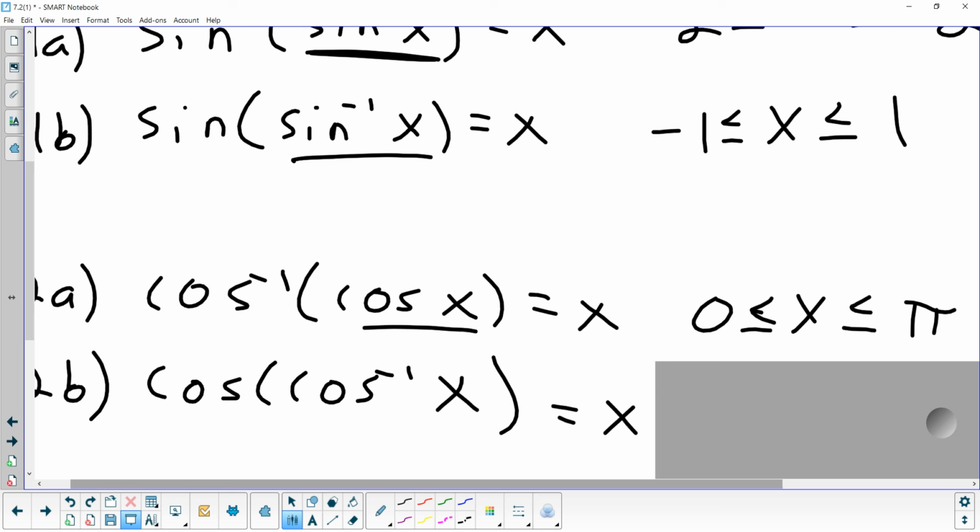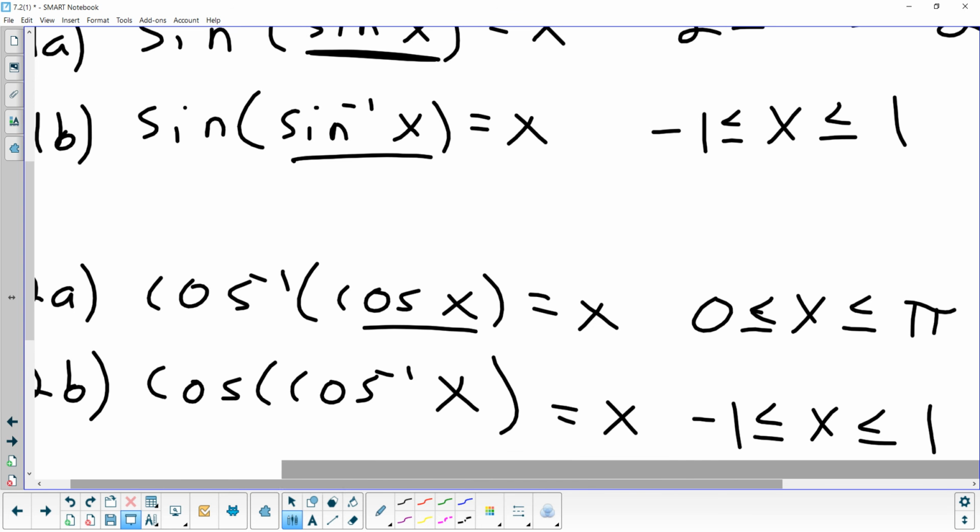The domain of the inside function, -1 to 1. So you could try it. Take your calculator and type in cosine of inverse cosine of 0.63. If you type that in, you'll get back 0.63. Any question on that one?